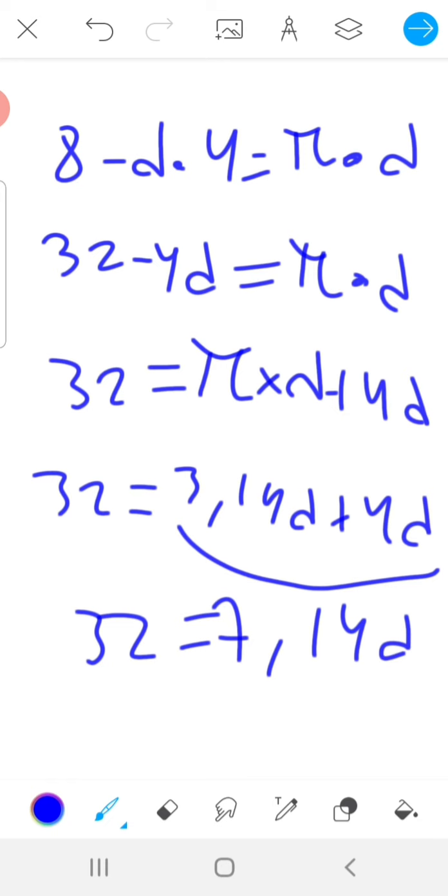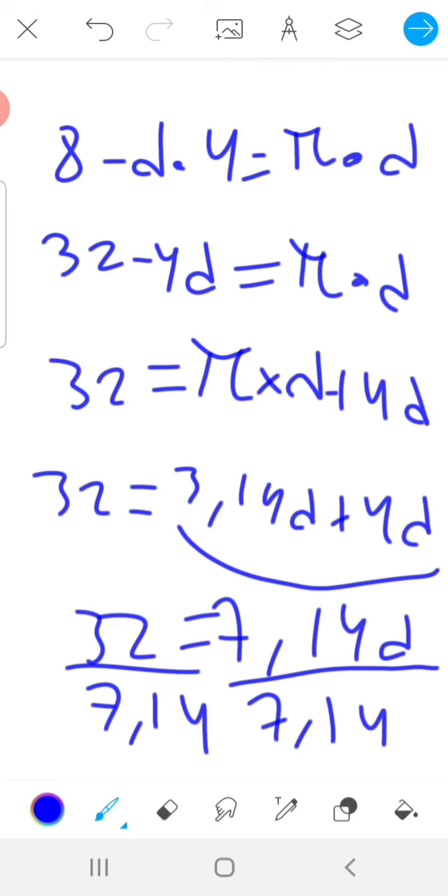Okay, and you can literally do this with any number. Like, if it said that the perimeter of this 1/4 of a circle would be like 10, you would do the same procedure, but with 10 instead. Okay, so now we need to divide both of these by 7.14, so we can get what 1d is equal to.